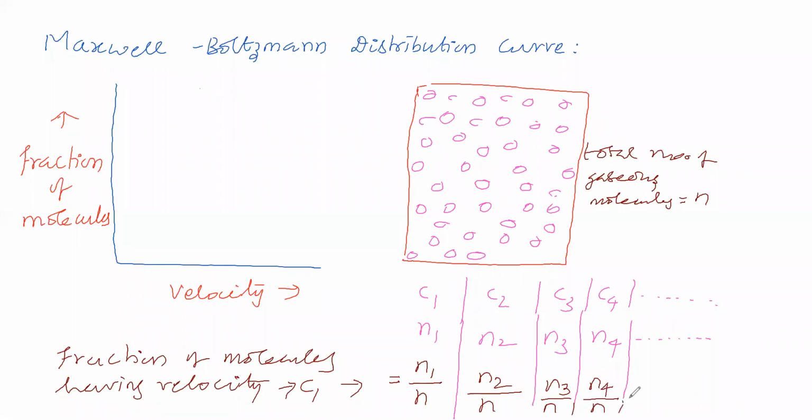Now we got the fraction of molecules having certain velocity. Fraction of molecules having velocity c1 is n1 by n.